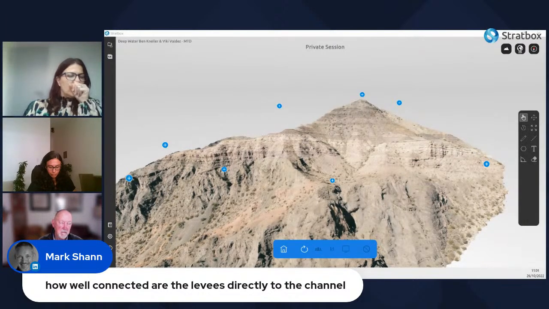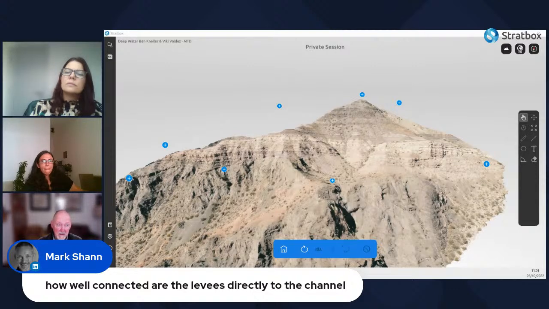But with a thinner bedded proximal levee, the likelihood is that you're going to decrease the connectivity between the levee and the channel belt. And of course, it's worth bearing in mind that the connectivity within the levee is excellent horizontally and very poor vertically. So it's impossible to give a unique answer to that.